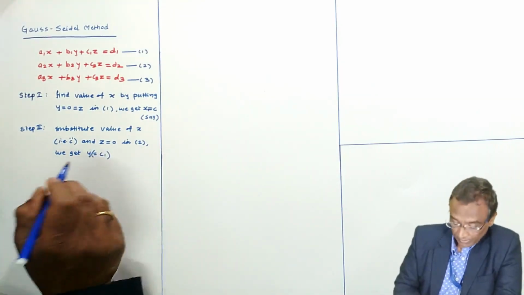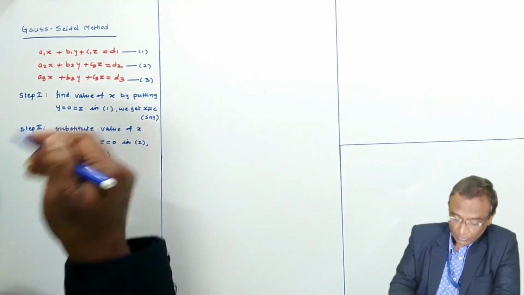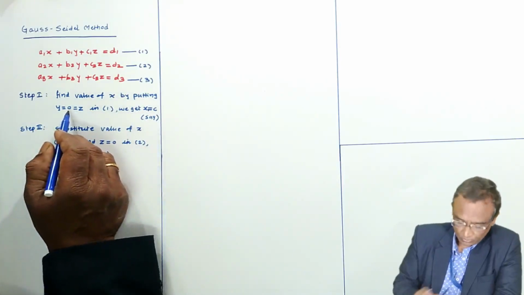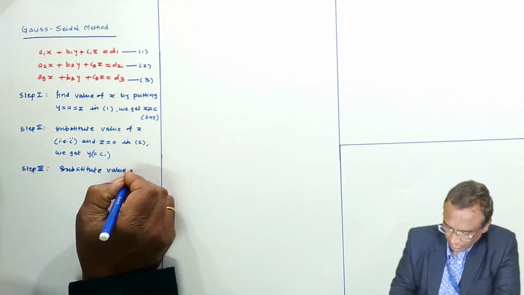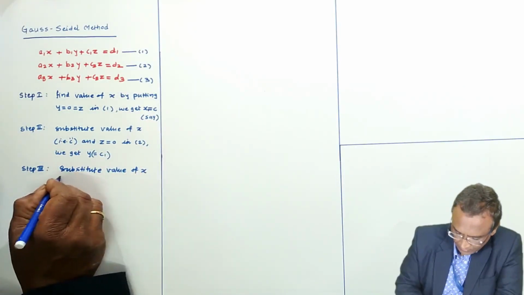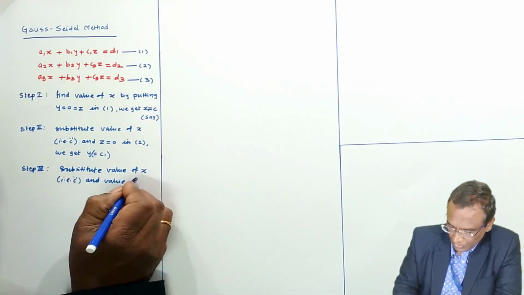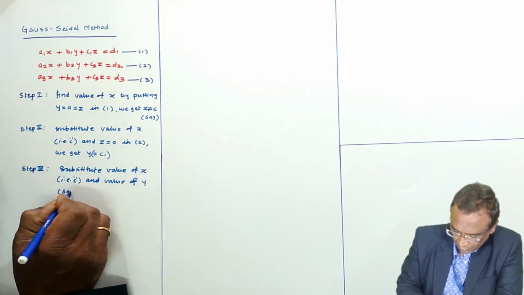So the latest value of y is c1. Prior to that, the value of y was 0.